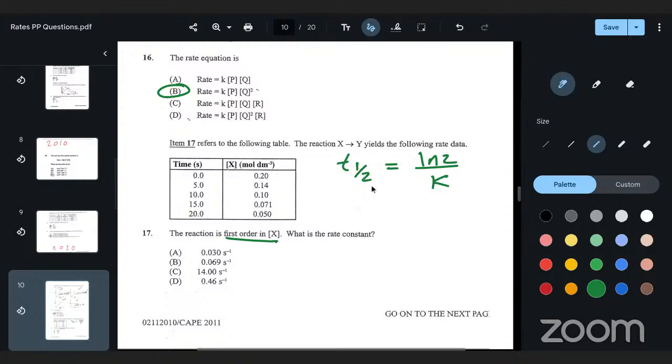So the formula for half-life is different if it's second order and 0 order. So this is the formula for half-life for a first order reaction. So this is the hint I'm giving you. I will give you 2 minutes to process it and see if you can answer it.